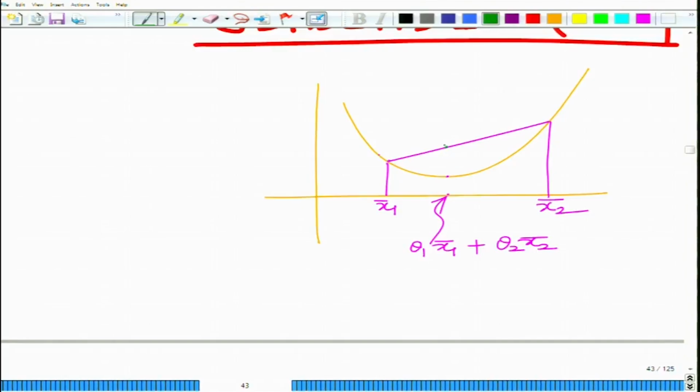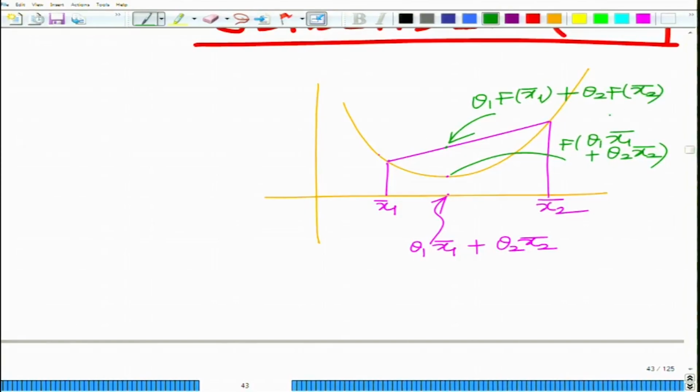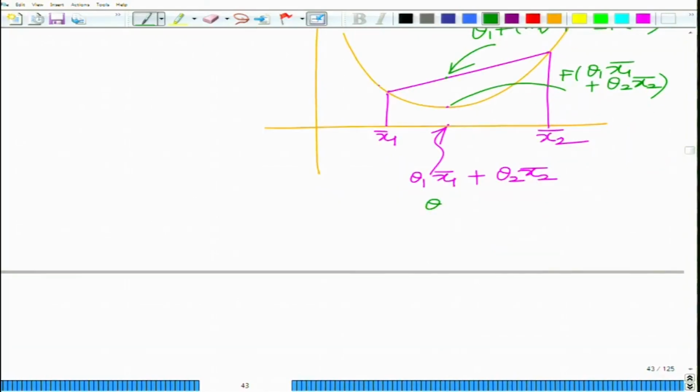That is f of theta 1 x1 bar plus theta 2 x2 bar, and this is theta 1 times f of x1 bar plus theta 2 times f of x2 bar, where theta 2 equals 1 minus theta 1, or you can simply say theta 1, theta 2 greater than or equal to 0, and theta 1 and theta 2 satisfy the condition that theta 1 plus theta 2 equals 1.